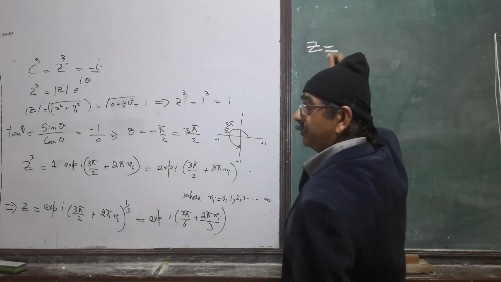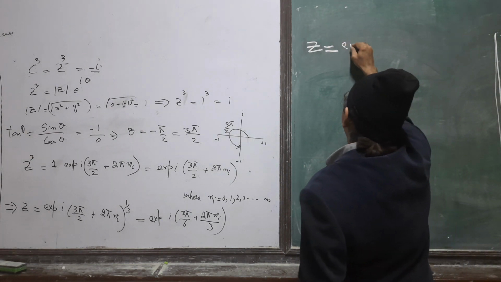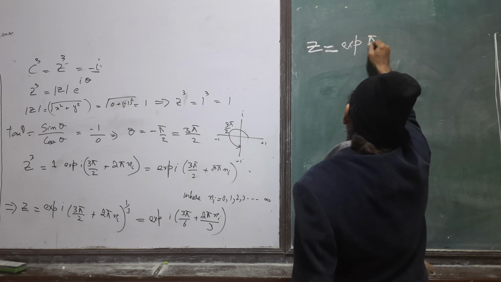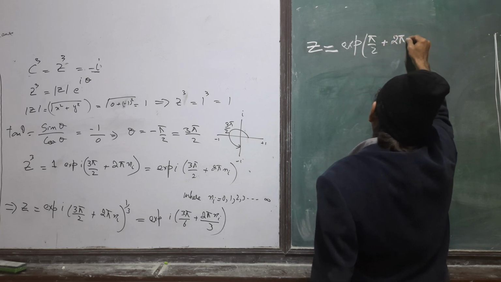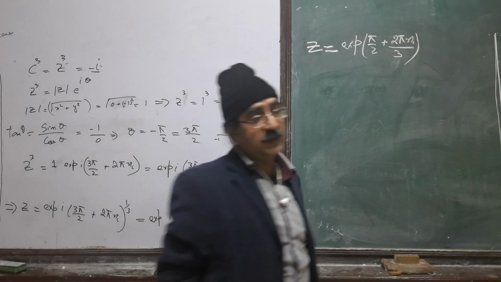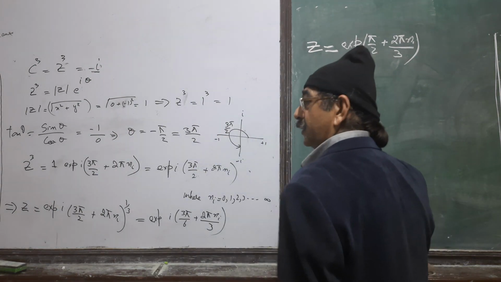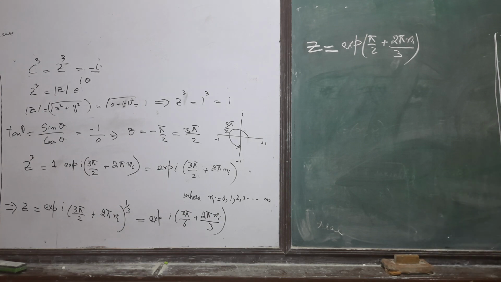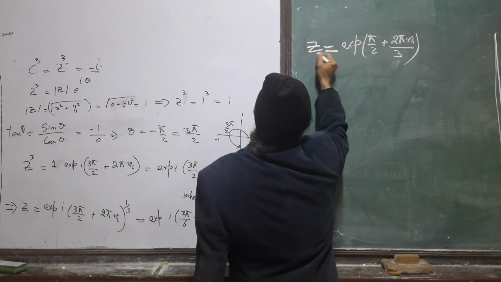Z will be equal to exponential of i(pi by 2 plus 2 pi n over 3).